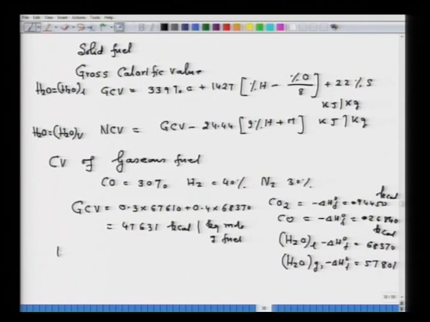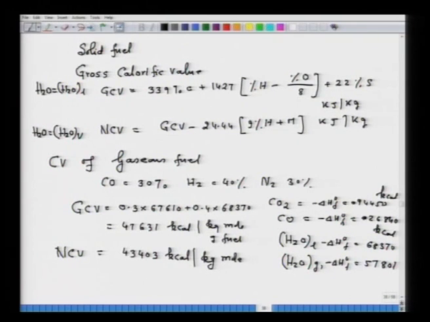Similarly, I can calculate NCV, only I have to substitute here for H2O vapor, then I will get 4340 kilocalorie per kg mole. So, these calculations we will need while performing heat balance in the unit processes that we will be taking.